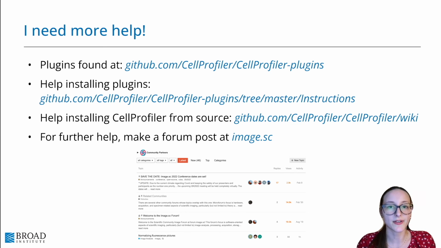You do need to install CellProfiler from source in order to be able to use the plugins. And if you've got further help that you need, either installing or on your specific biological question, we encourage you to make a post on image.sc, which is our forum for image analysis experts and novices to come together and help each other on analyzing biological data and biological images.